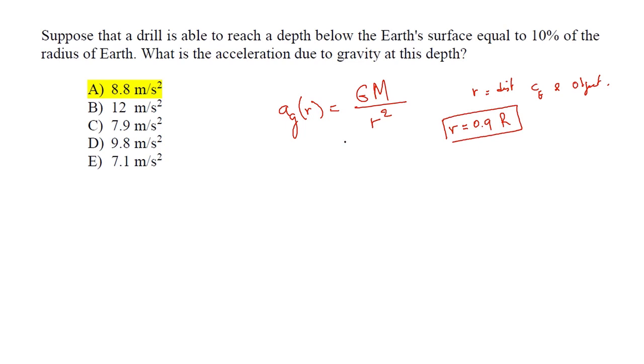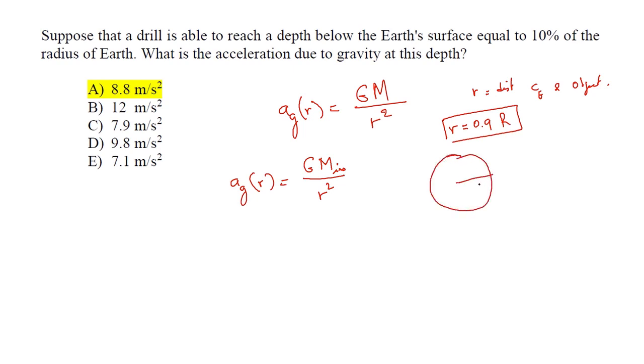Now, if I want to calculate the gravitational acceleration at that position, I will say that it will be equal to G. Now, this mass will not be the total mass of the Earth. It will be the mass inside, divided by r squared. Mass inside being the mass of the, let me put it here. This is the Earth.